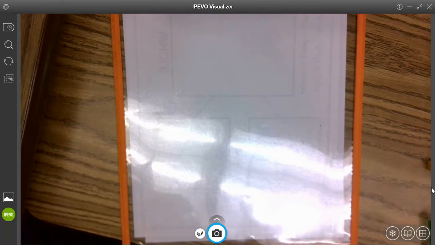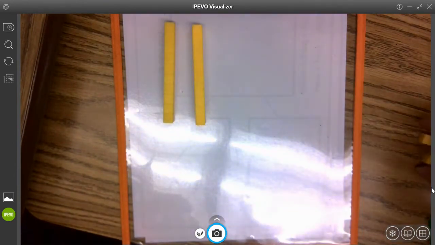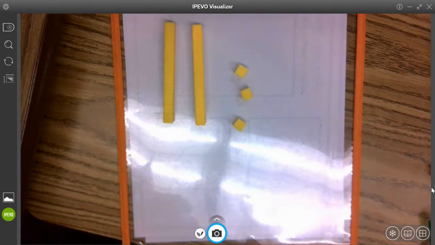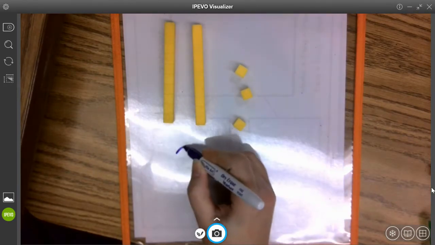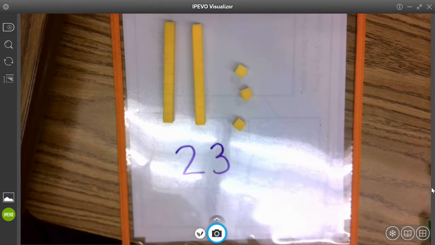Okay, so let's add some more blocks and let's see what number we have here. Okay, look, think, speak. 23, good. 2 10s and 3 1s. Okay, that is 23.